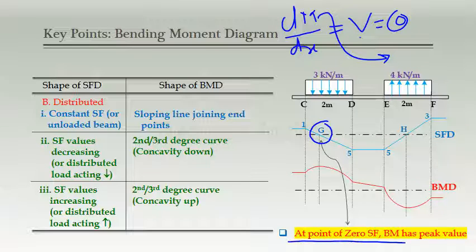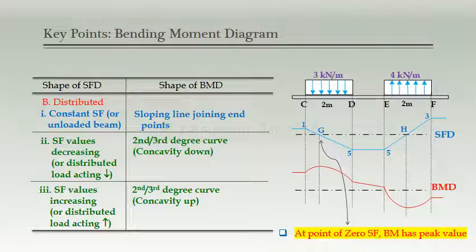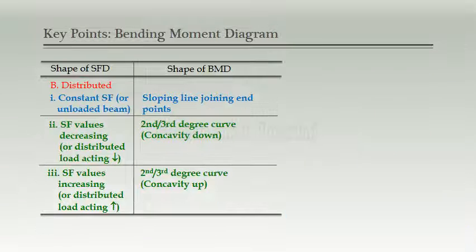That is written here. Whenever there is a 0 shear point like G, at that point the bending moment has a peak value. Observe here also, for H point, there is a 0 shear point, and if I extend that point here, the bending moment diagram has a peak value. So that particular point, again, we have to focus on.